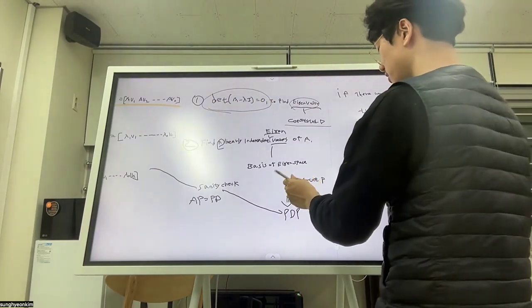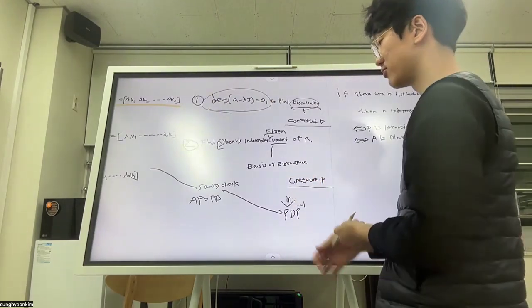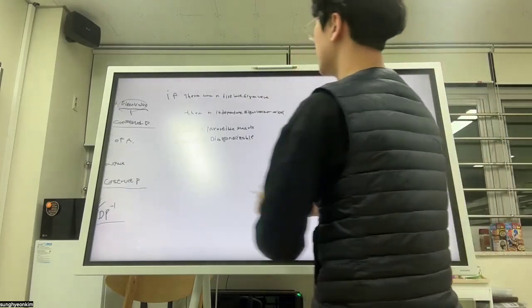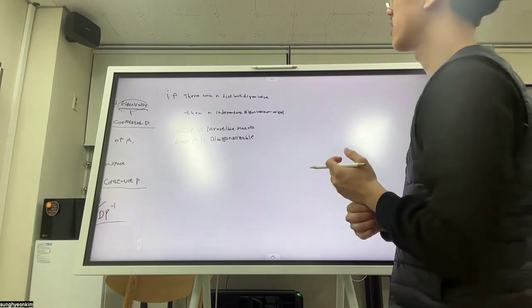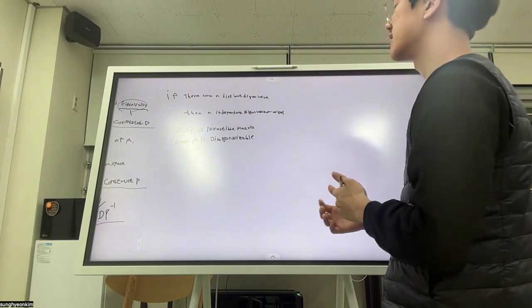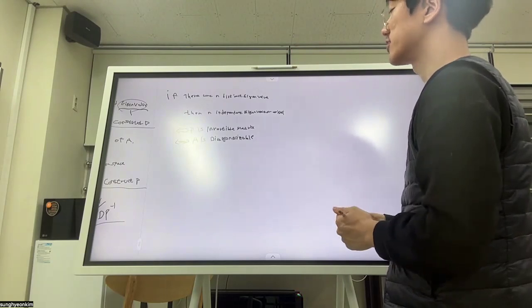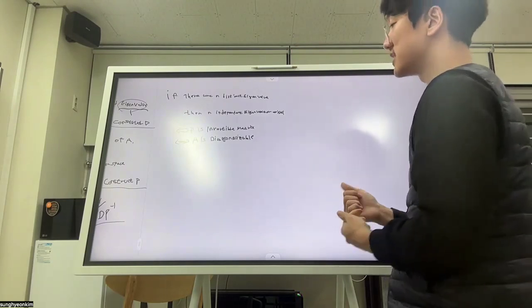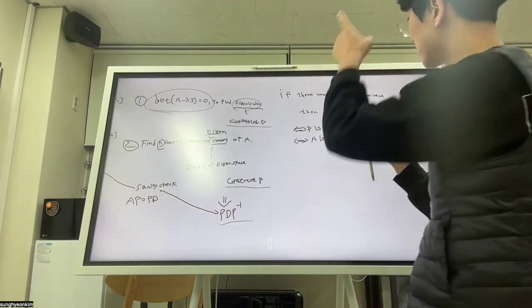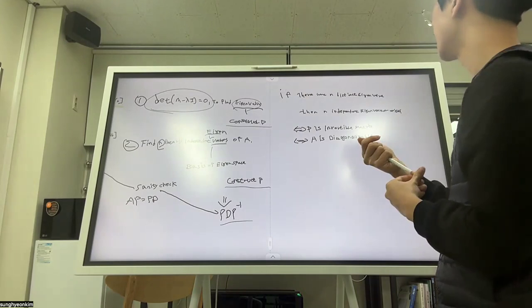You can construct matrix P, and you can make PDP minus 1. And if there are n distinct eigenvalues, then n independent eigenvectors exist, which is the same as P being an invertible matrix and A being diagonalizable.